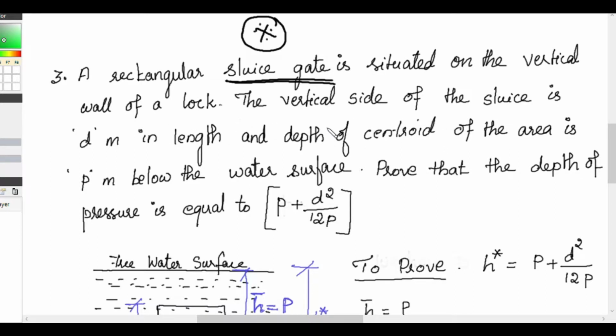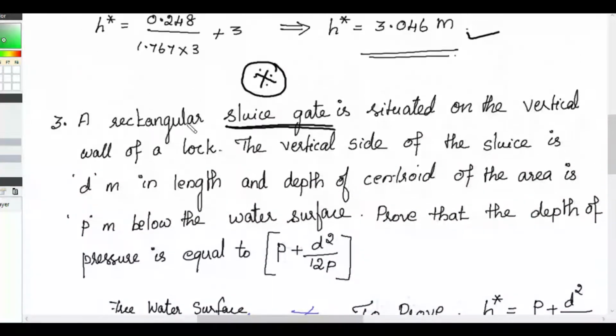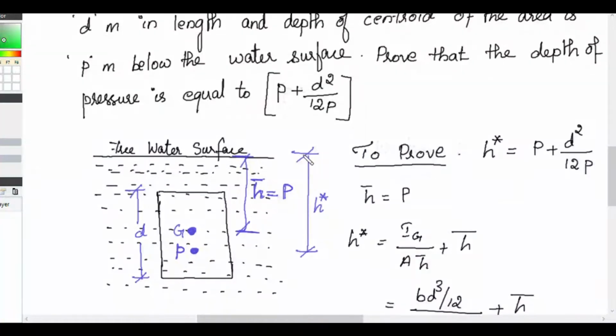A rectangular sluice gate is situated on a vertical wall of a lock. So you have a lock, and in the vertical wall there is a rectangular sluice gate.